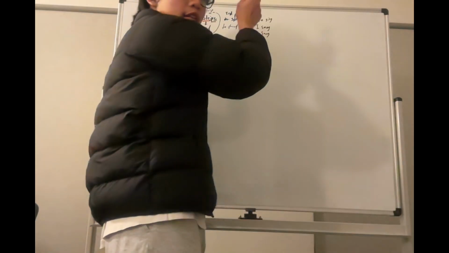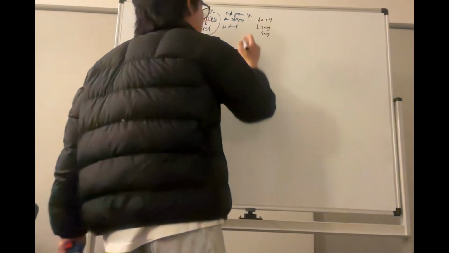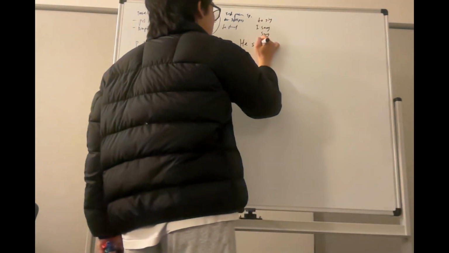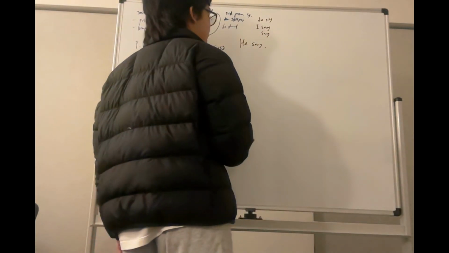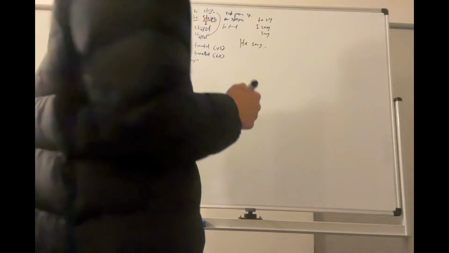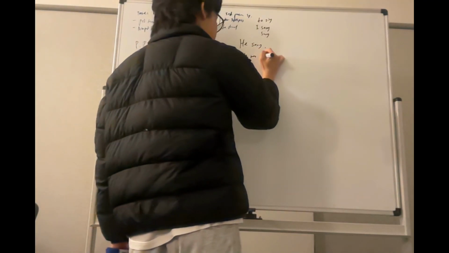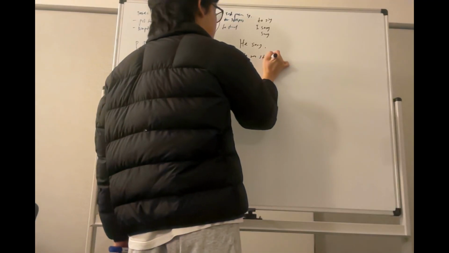participles are like forms of verbs that are used as adjectives. For example, he's singing. They are also used in the construction of a passive voice, such as in he was stung.